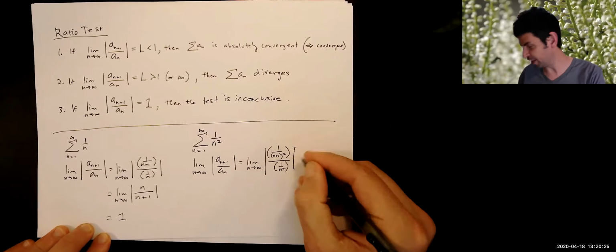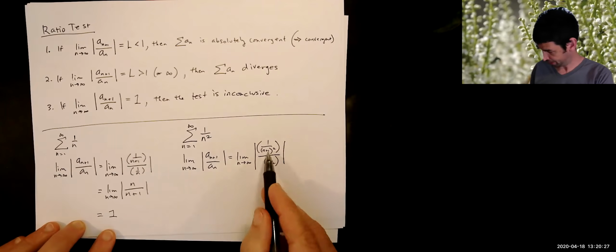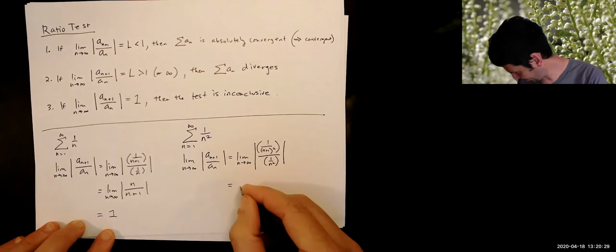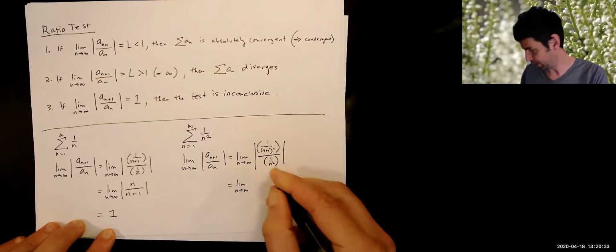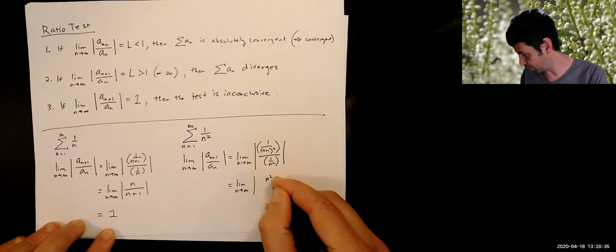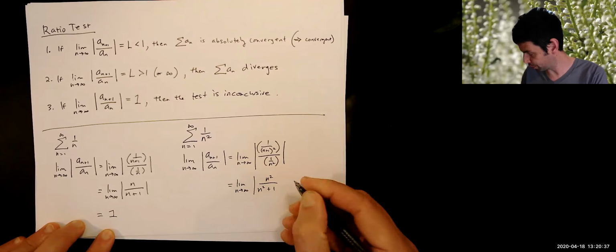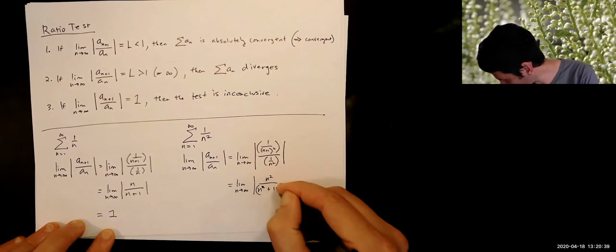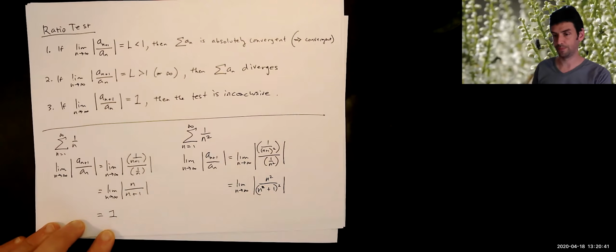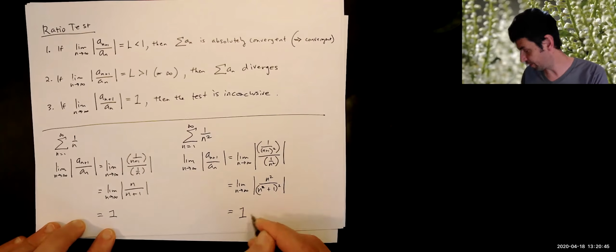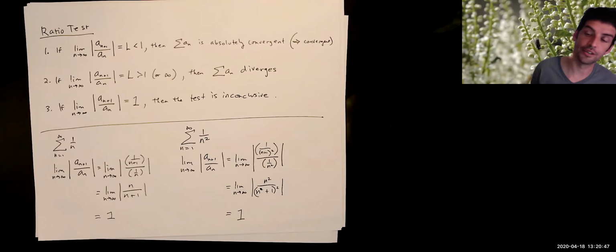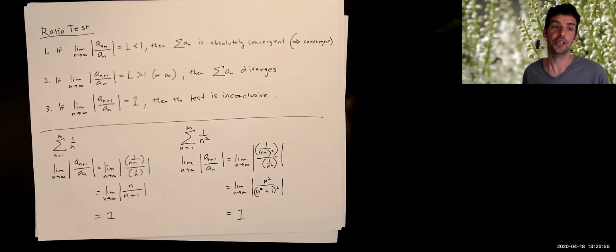All of this in absolute value. Again, in this case, it doesn't matter. Everything here is positive. Again, just doing a little bit of algebra, this becomes n squared over (n plus 1) squared. And this also has a limit of 1, right? You can multiply that out. It's a rational function with the same leading coefficients.